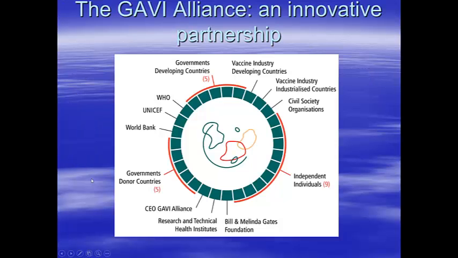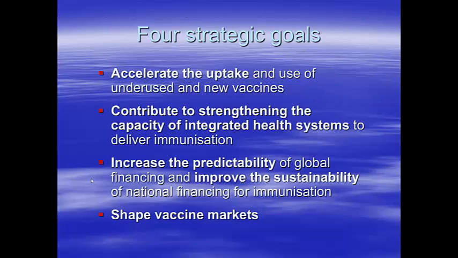The Gavi Alliance is an example of a public-private partnership, a PPP, which involves a number of key stakeholders, philanthropists, and vaccine industry, policymakers in developing countries, non-governmental and civil society organizations, all with a mandate to promote and encourage global vaccination of the world's children. Here are the four strategic goals of Gavi, and I'll just let you read those.